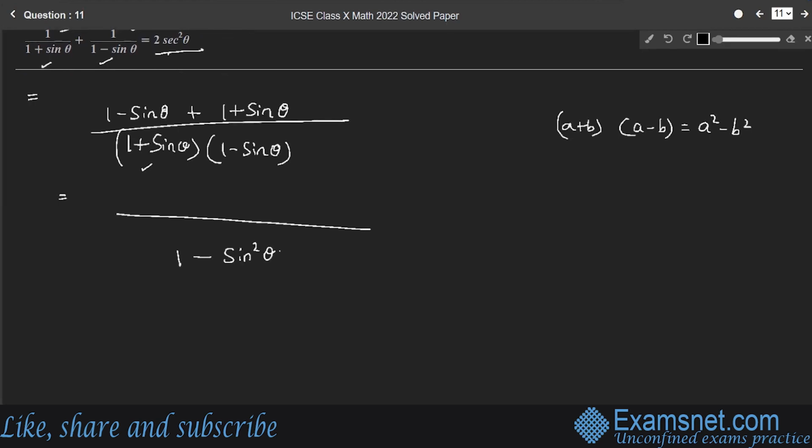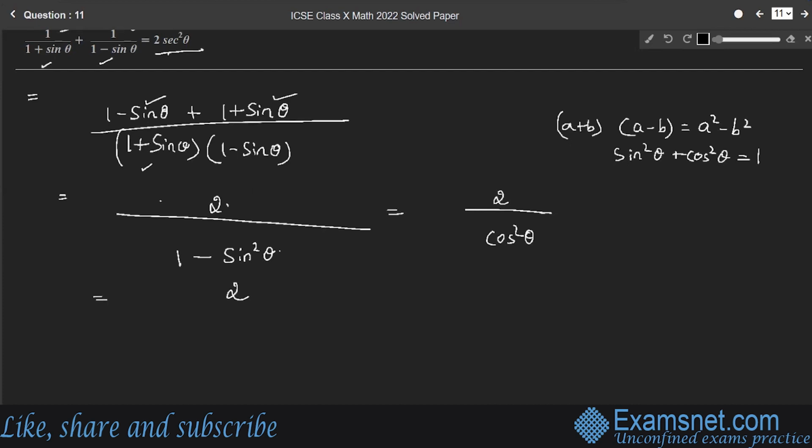The numerator becomes 2, since we can cancel sine theta and sine theta. So we write the numerator as it is, 2 by (1 minus sine square theta). Because sine square theta plus cos square theta is always 1, 1 minus sine square theta is cos square theta.